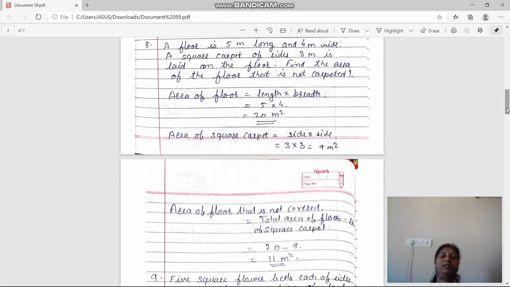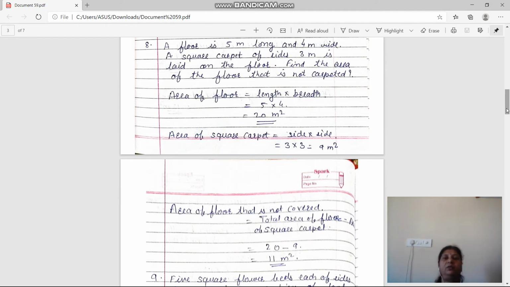A floor is 5 meter long and 4 meter wide. A square carpet of size 3 meter is laid on the floor. Find the area of the floor that is not carpeted. Now see here, a floor is 5 meter long and 4 meter wide. So we have to find out first the area of the floor.